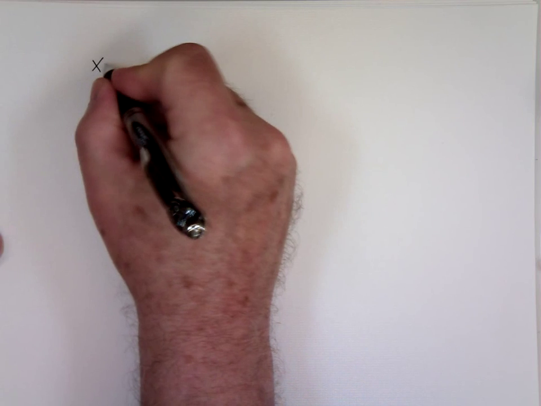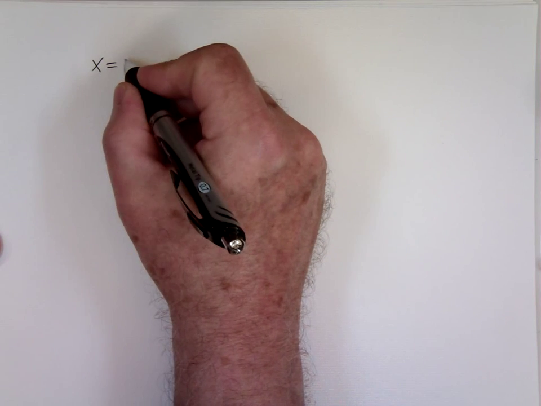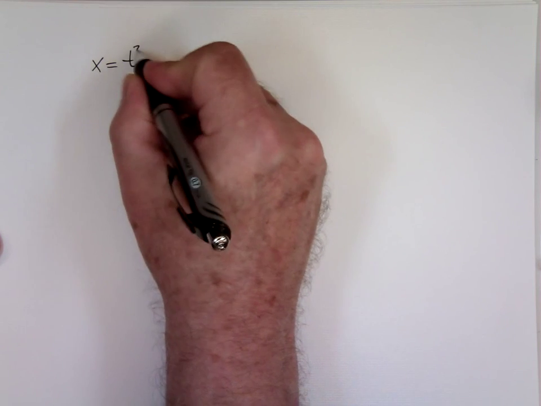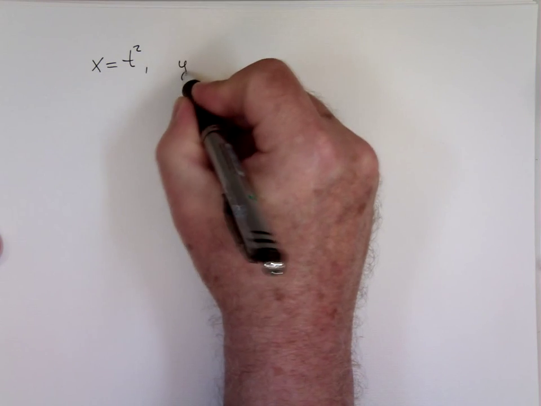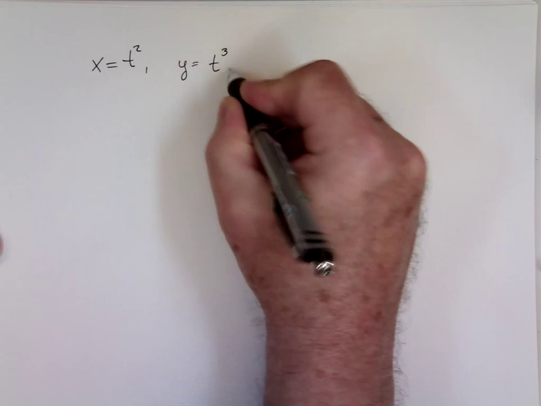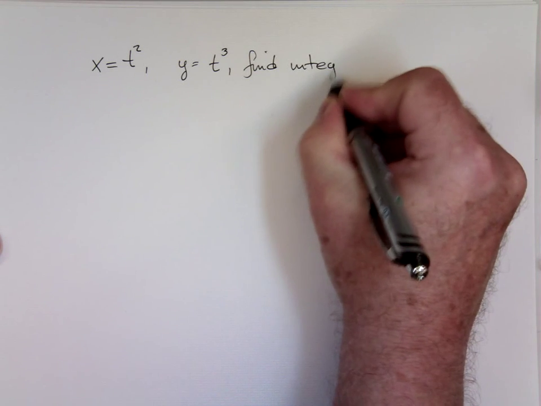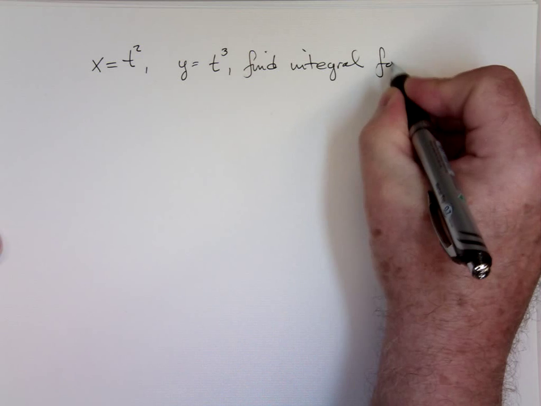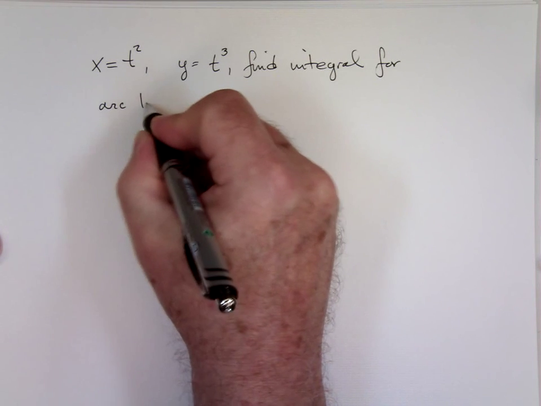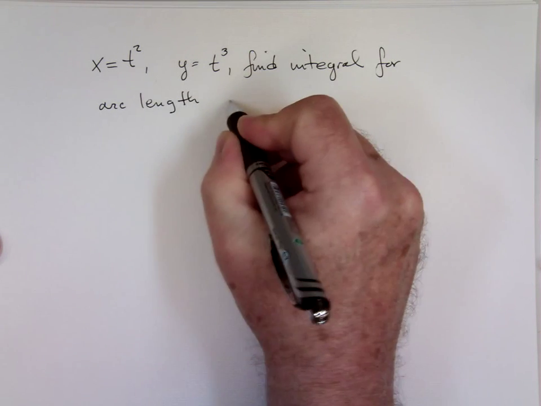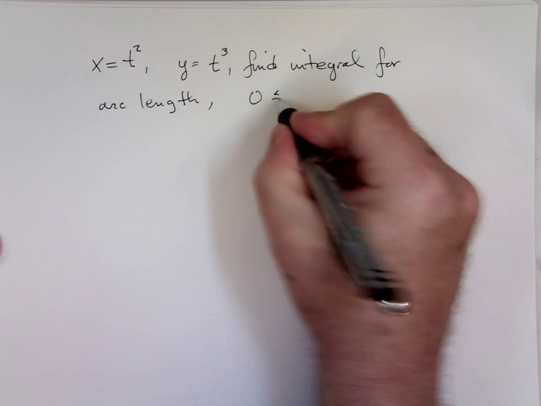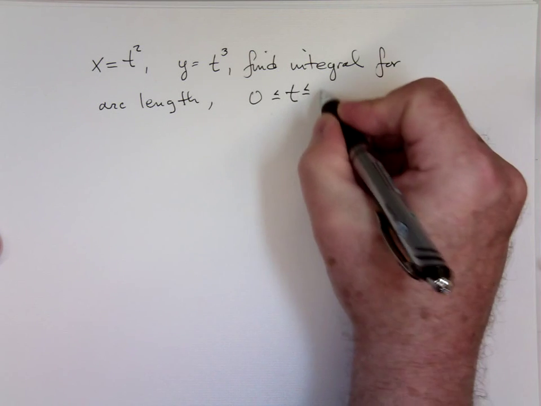The arc length one is in parametric form, so if you're given something like this, let's say x equals t squared, and let's say y is equal to t cubed. Find the integral for arc length. Let t go from 0 to 1 over that interval.